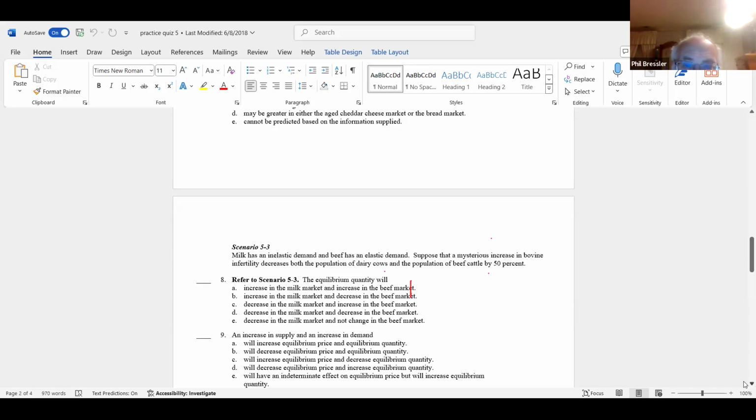So the equilibrium quantity will decrease in milk and decrease in beef, and that's why it's D. All right. Any other questions on this one? All right. I'll get chapter 6 questions up then.